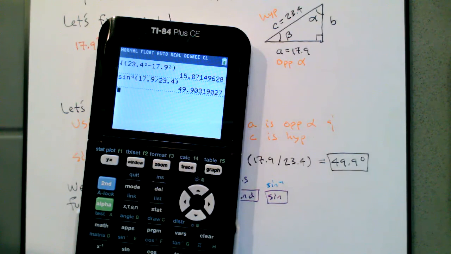Now I've got side B, I've got angle alpha, and I know it's a right triangle. And like I said in the first problem, as soon as you have two angles, subtract to find the third.